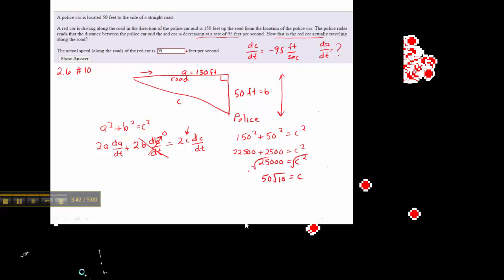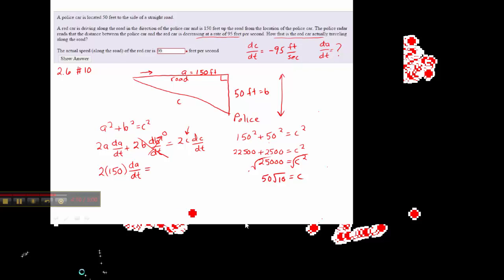Okay, as you can see, I've done the problem over here on the right. If you're good with radicals, you can see that I can simplify this to 50 radical 10 equals c. Now let's plug in. We have a equal to 150, so I put 150 here times dA/dt, which is what we're solving for.